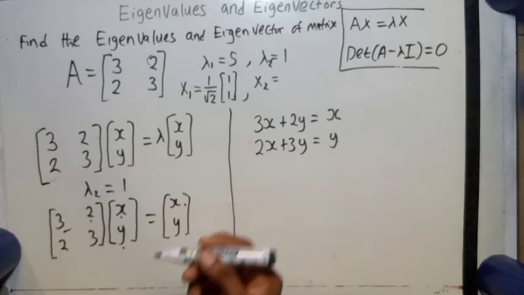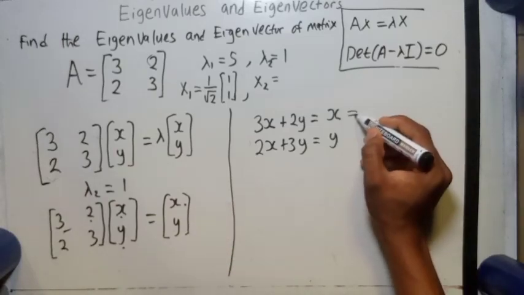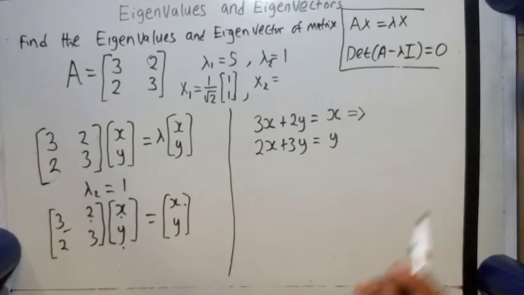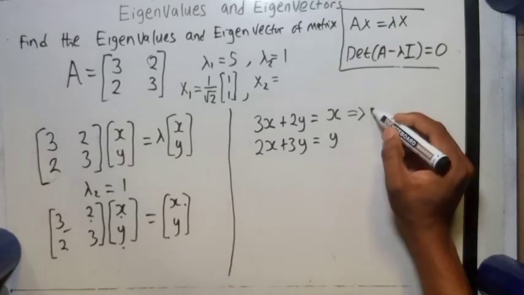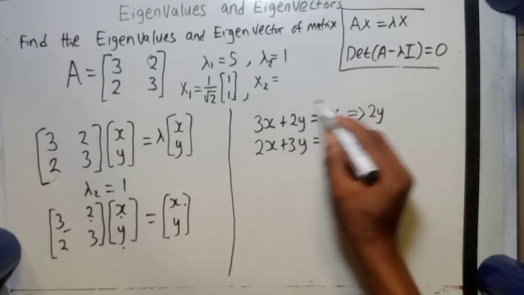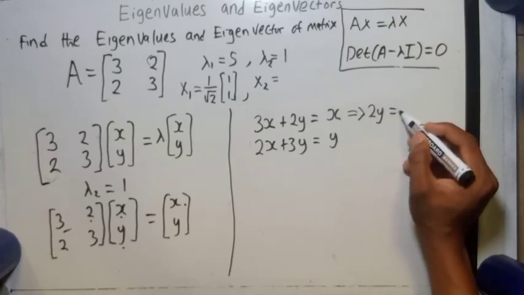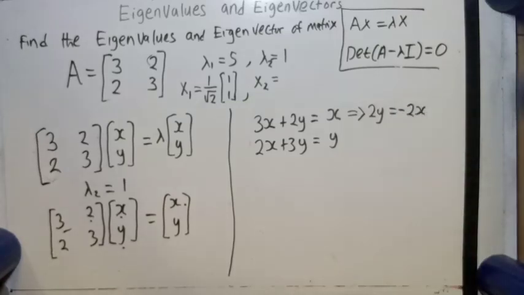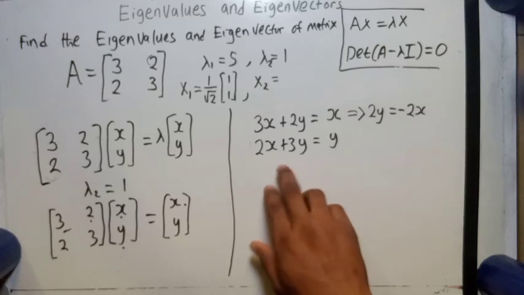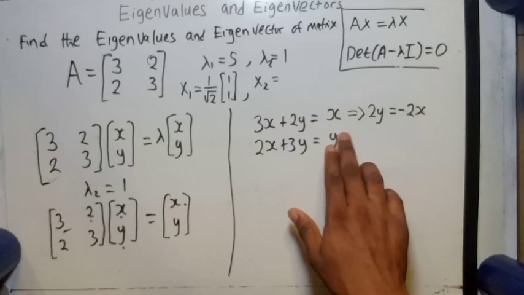Now we're going to simplify. Remember, the aim is to express one term in terms of the other. So keep y one side, keep x one side. When you do that, you'll have 2y is equal to minus 2x. Am I wrong? No, I'm not. When this crosses over, it becomes minus 3.